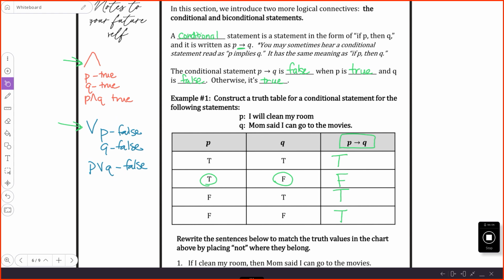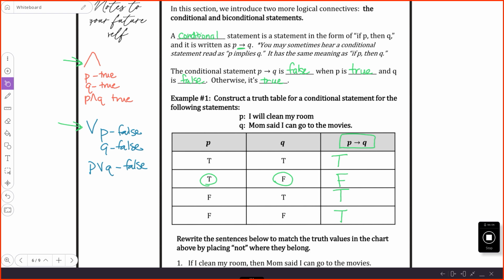And in this case, it's easier for us to work them that way than it is for us to try to actually reason them out in our head. That is the entire point of a truth table, because sometimes I really don't know, but I do know that these truth tables always work this way. And so if P is true and Q is false, the entire thing is false, and everything else is going to be true.